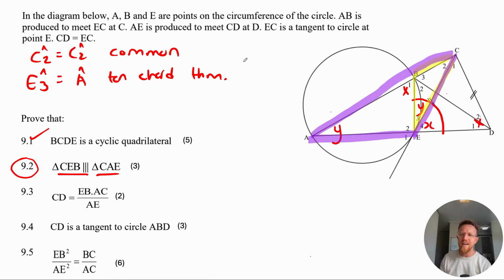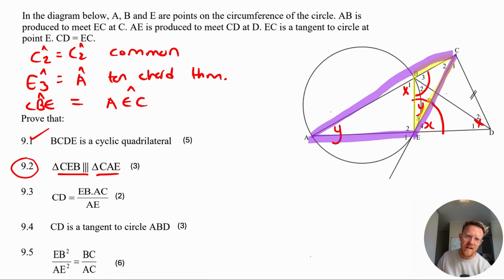So what angles haven't we used yet in those triangles? Well, in the yellow one, we haven't used that angle, which is angle CBE. So that must be the same as, now what haven't we used in the purple one? In the purple one, we've used C2, we've used A, but we haven't used this angle, which is AEC.